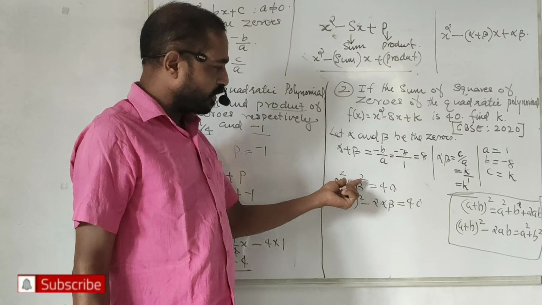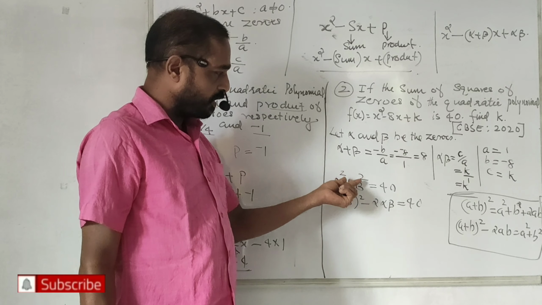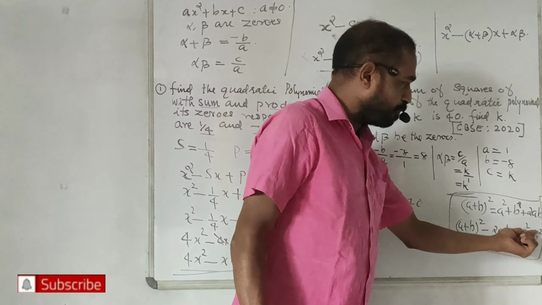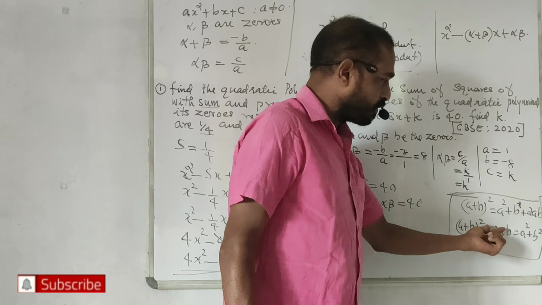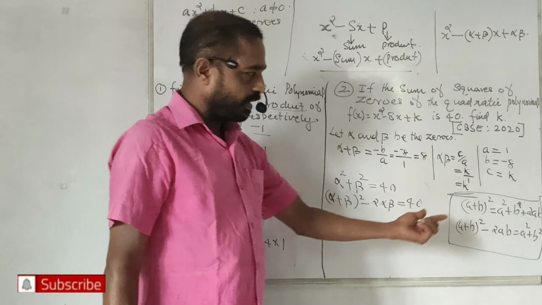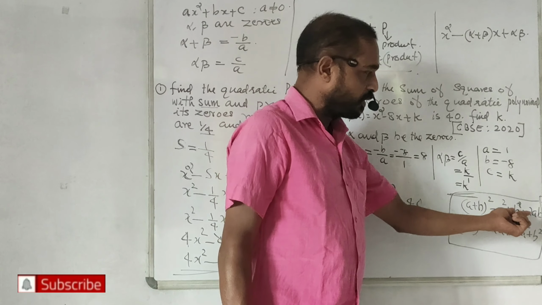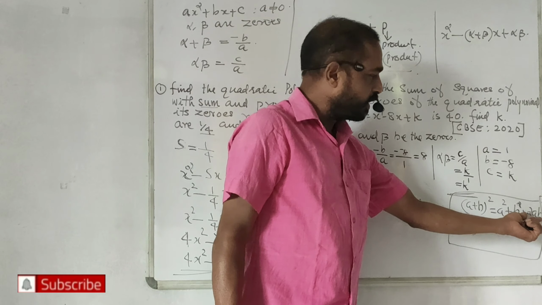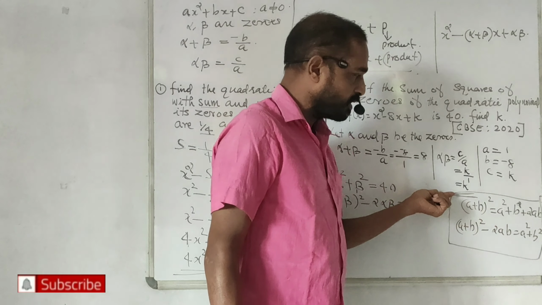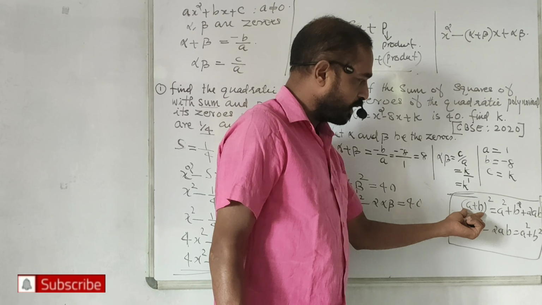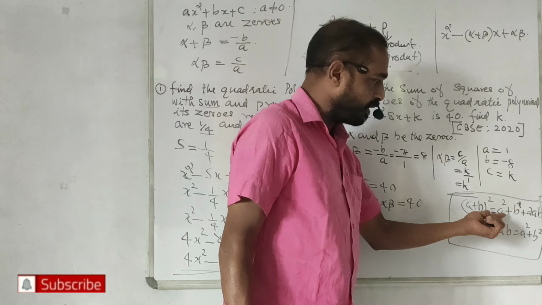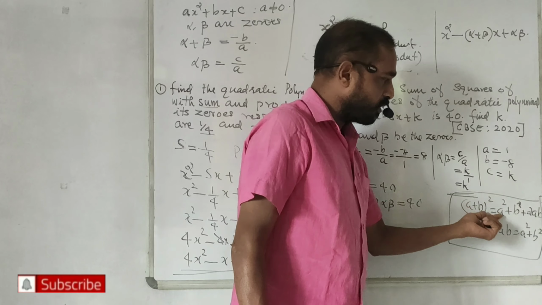So alpha square plus beta square is of the form a square plus b square. And what is a square plus b square? It is (a plus b) whole square minus 2ab. See, (a plus b) whole square is a square plus b square plus 2ab. We are transposing this plus 2ab to the left hand side, so it becomes minus 2ab. So (a plus b) whole square minus 2ab. In the right hand side we have a square plus b square.